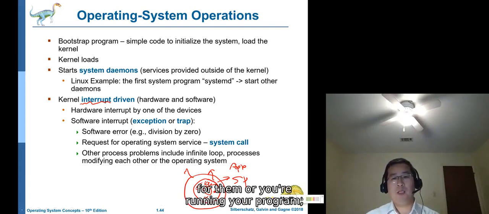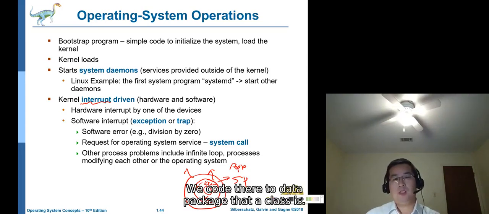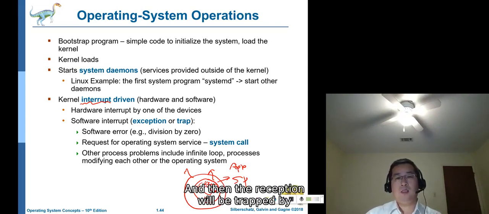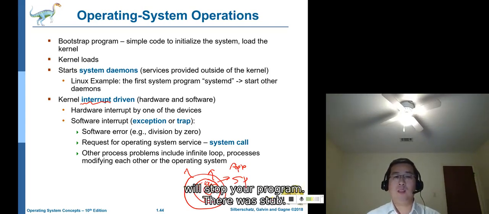Sometimes we also have software interrupts. For example, you are running a program, and you use Java. You have an exception library, we call them packages, classes, and then the exception will be trapped by the operating system, and they will stop your program. Okay, they will stop it.